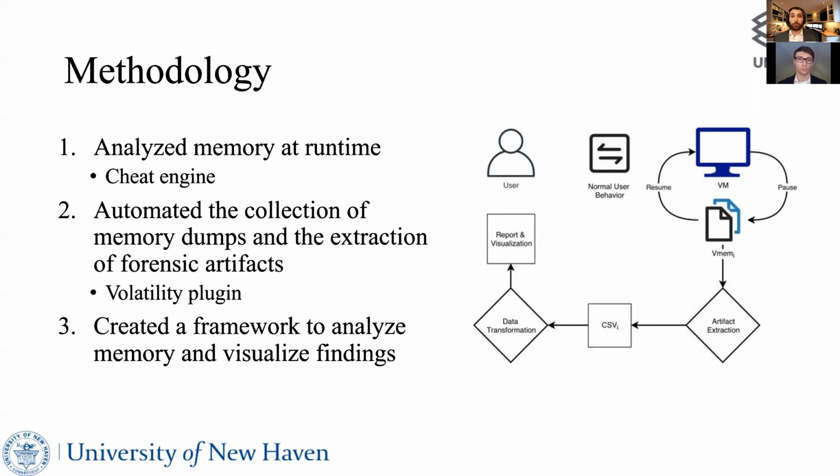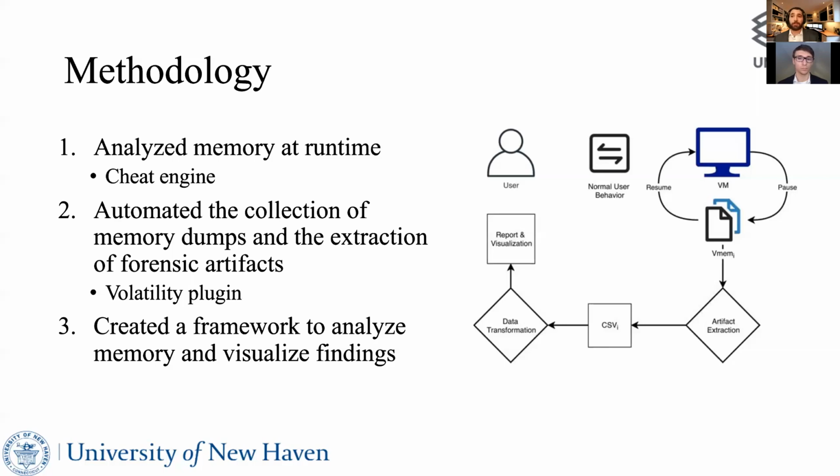What we did was we had a virtual machine running both these clients at different times. We would have a user interact with the virtual machine and carry out actions such as sending or receiving cryptocurrency or locking and unlocking one of these clients. At every set interval, our tool would take a snapshot of the memory and run it through our Volatility plugin, which would extract the different artifacts and export them as a CSV file.